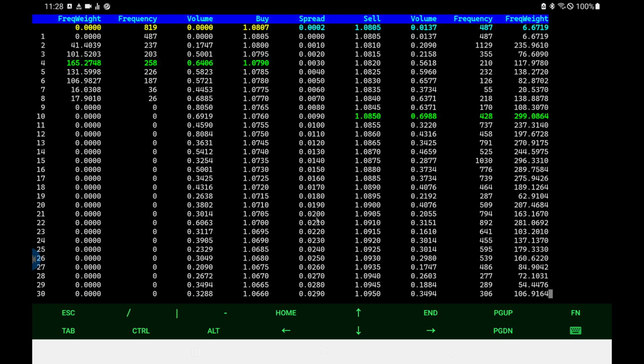For the purposes of the 20 pip challenge, we can see that a 20 pip take profit does have merit. Price has been here within the last month 892 times. That's quite a bit compared to other price areas.